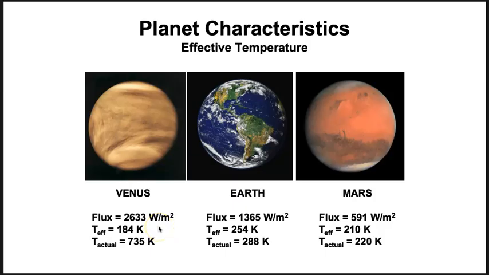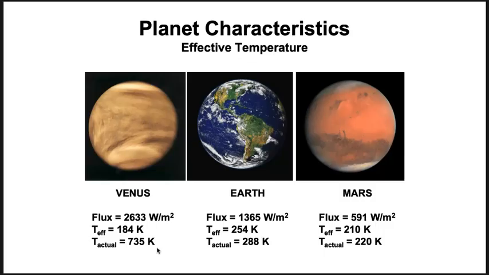Venus has a really thick atmosphere. It's so thick you can never see through it. There's never a clear day on Venus. Venus is always covered in this thick blanket of clouds. And that really thick, dense atmosphere warms up Venus by a lot. So like I said, the effective temperature is a good first guess.